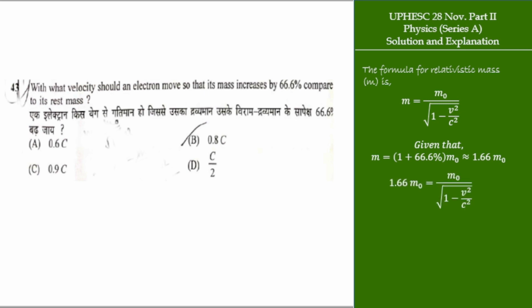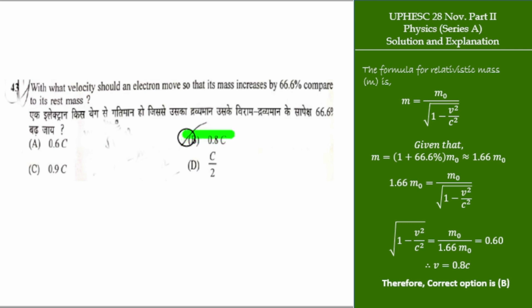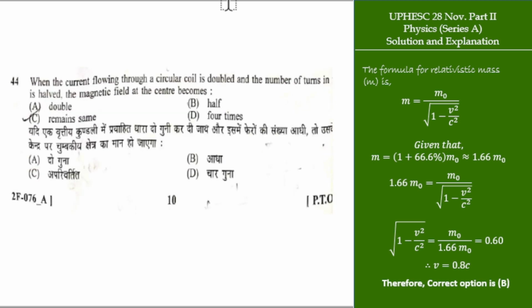So we will put this value in the relativistic mass formula and solve it to get the value of v. So you will get v equals 0.8 c. So the correct option is option B, 0.8 c for such a particle, that is an electron.